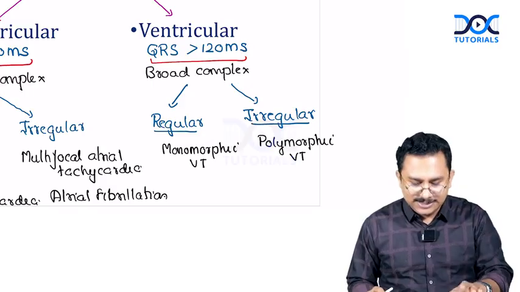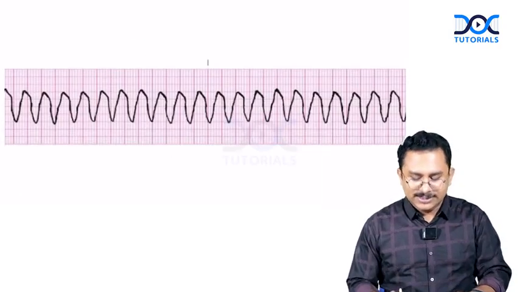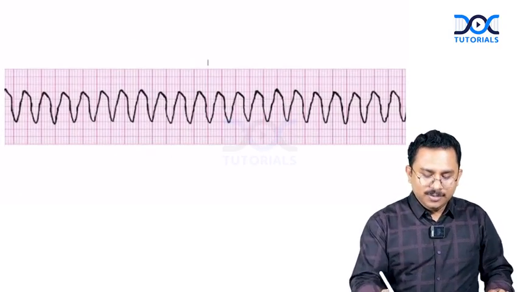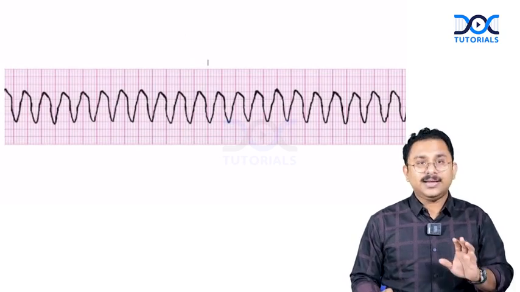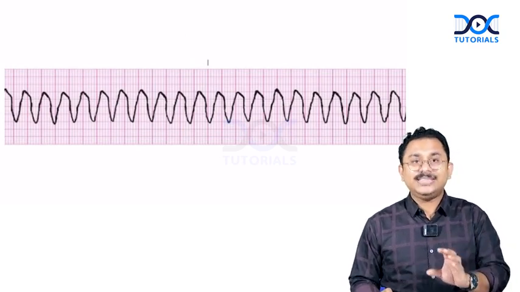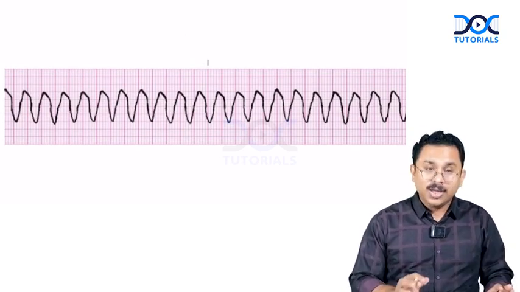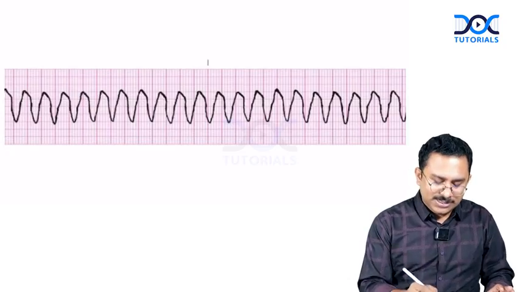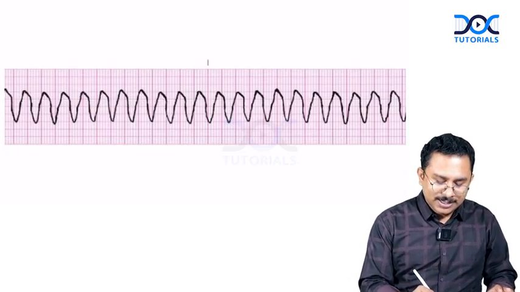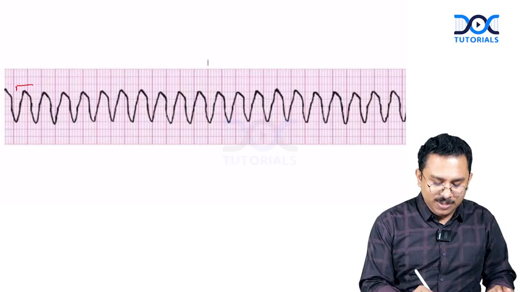So if you look at this ECG, this one, very obvious, you can see that the QRS duration is wide. So you have a broad QRS. Okay, so this is a broad QRS. You can see that the QRS duration is definitely wide.